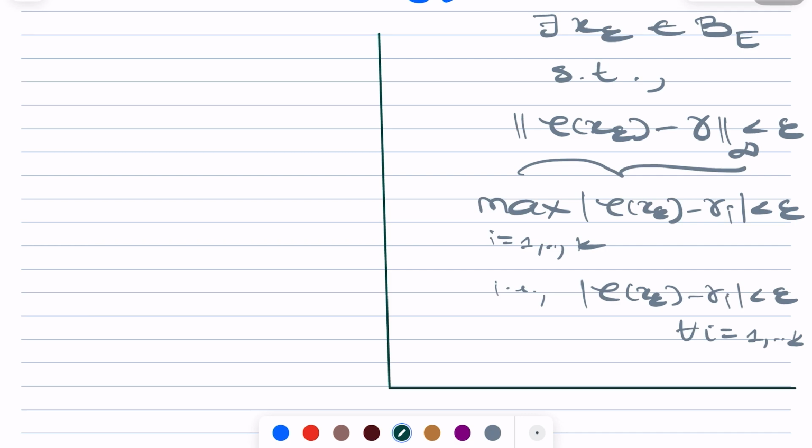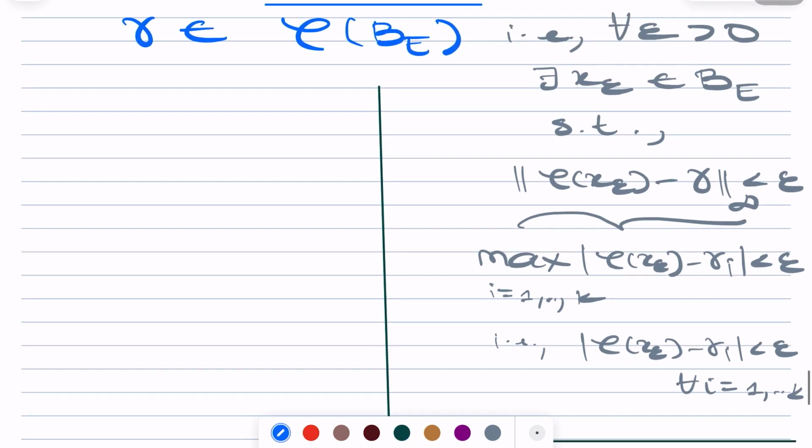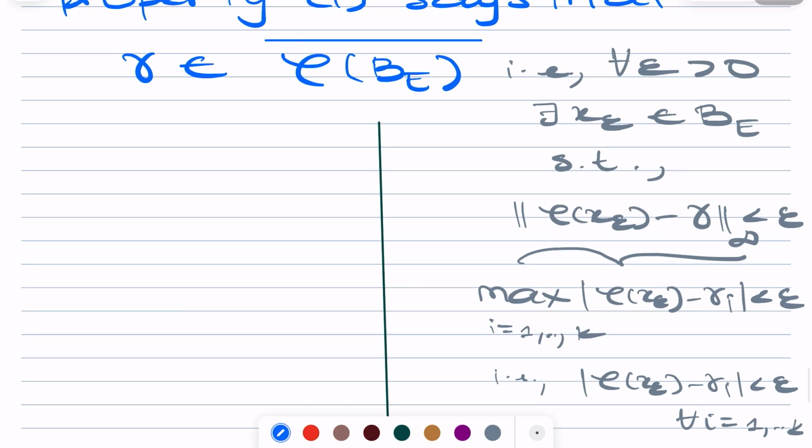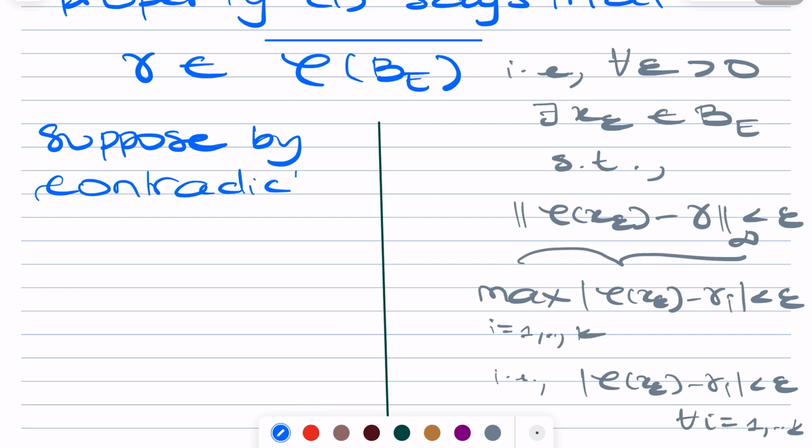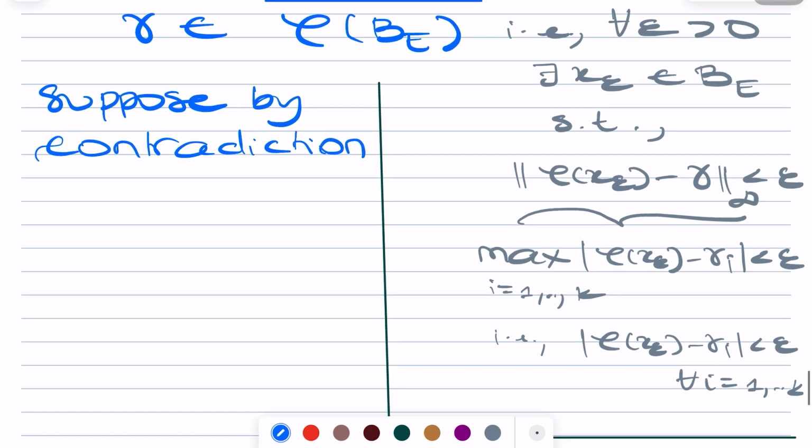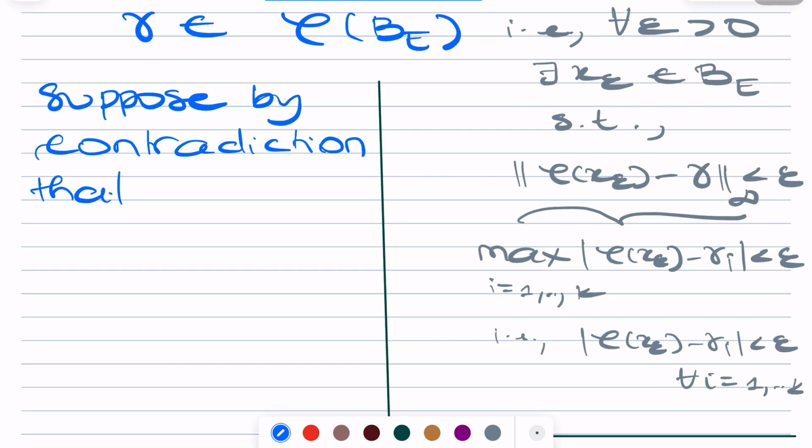Okay, so now this is what we want to prove, that gamma is an element of the closure of phi of the closed unit ball. So we aim for a contradiction. Suppose by contradiction that 1 does not hold.